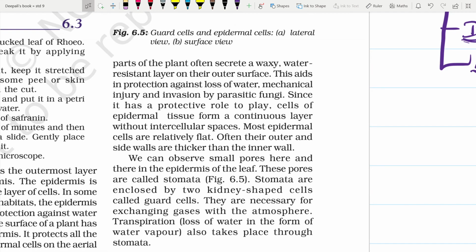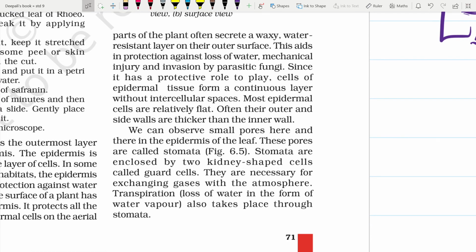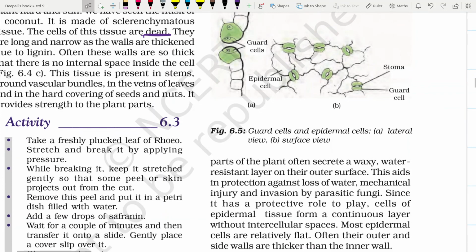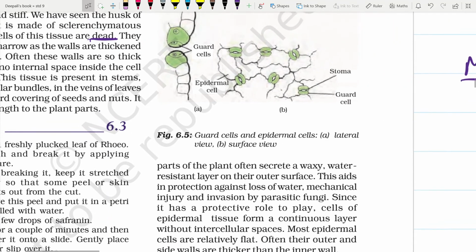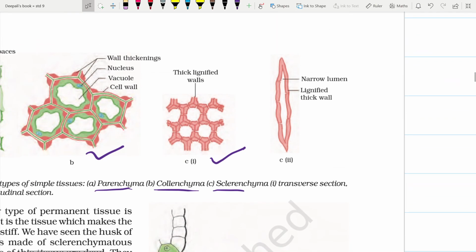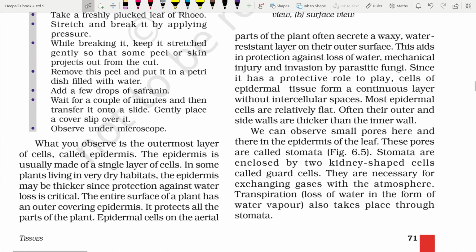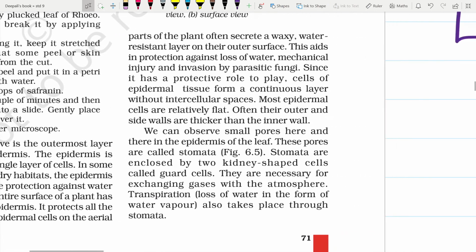Most epidermal cells are relatively flat. Often their outer and side walls are thicker than the inner wall. So the next layer is epidermal tissue or epidermal cells, which is the outermost layer of the plant body and which has the characteristics as shown. So that is called epidermis.